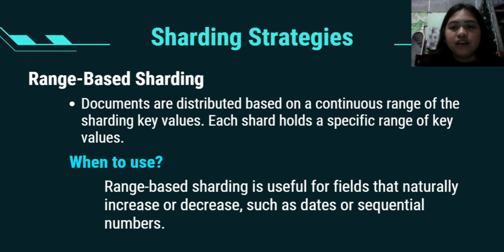Each shard holds a specific range of key values. However, if the data is not uniformly distributed, for example, new records all have high values, it can cause some shard to become a hotspot, leading to uneven data distribution and performance issues.